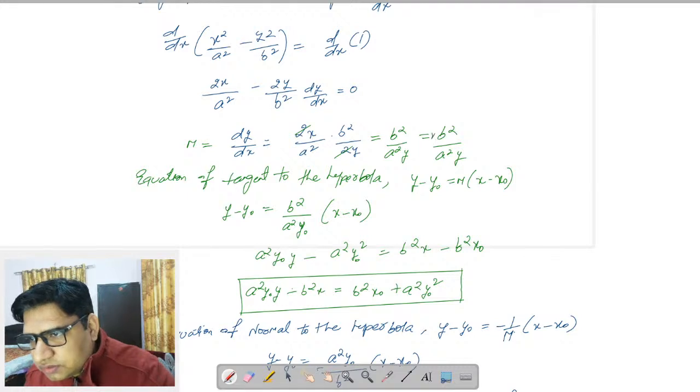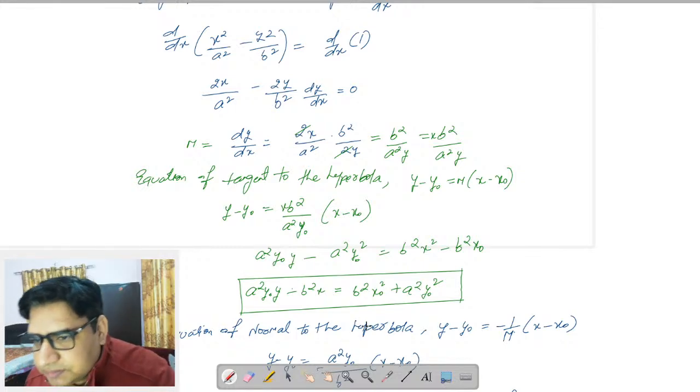Sorry for that. The x is missing from here, so this is x b square, and that will be x square, so b square x naught upon a square.